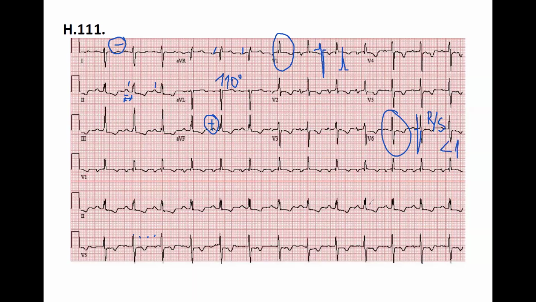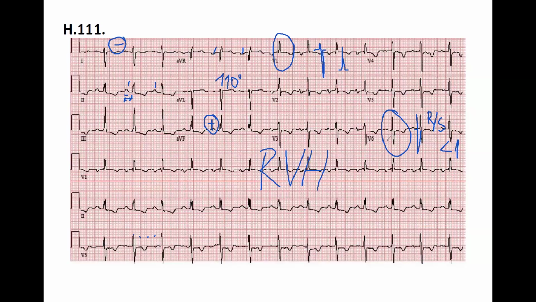But it's more negative. This is right ventricular hypertrophy.